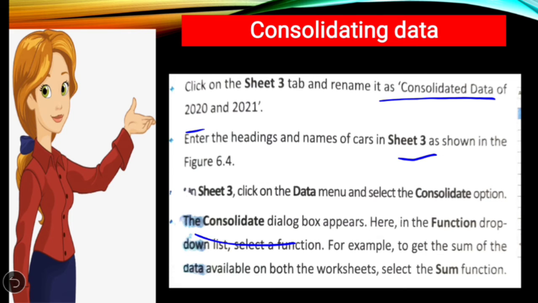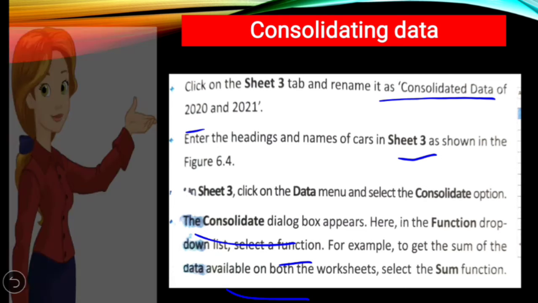Consolidate dialog box appears. Here in the function drop down list, select the function. Some functions are available in the drop down list; whichever function you want to apply on your data, select it there. For example, to get the sum of the data available in both worksheets, select the sum function.